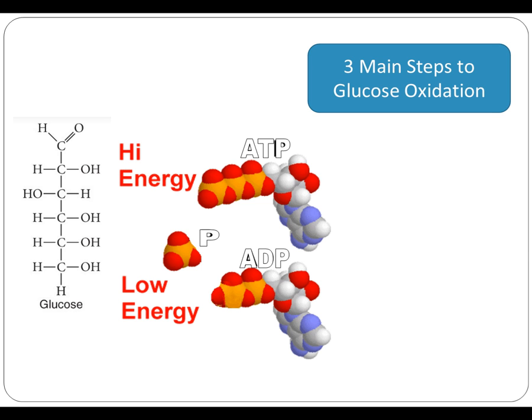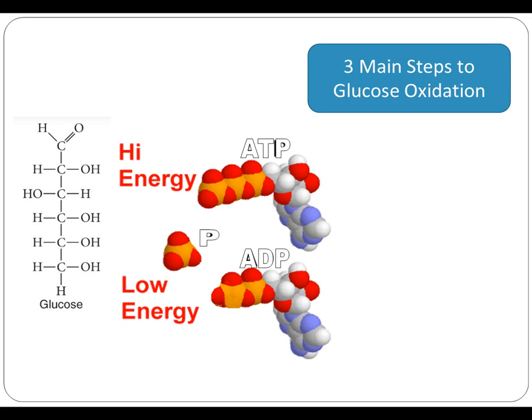Okay? We're just going to phosphorylate ADP to make ATP. So we're starting with glucose to make ATP. But it's not a magic transformation. There's a very regulated processing of glucose before we can see any ATP synthesized.